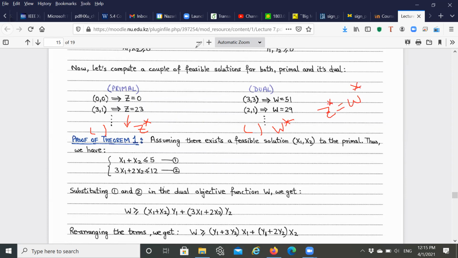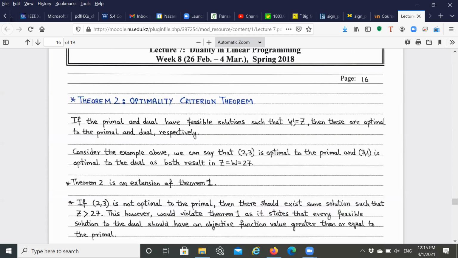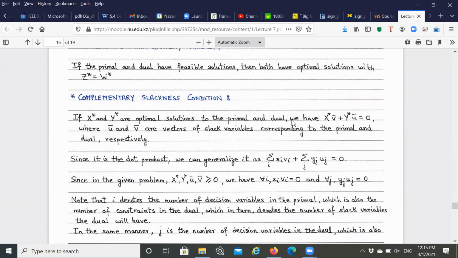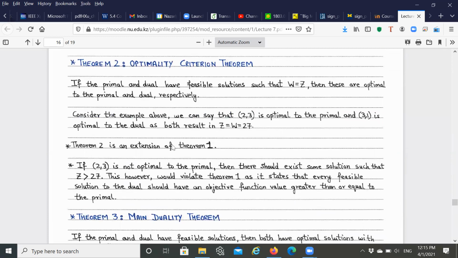In that case, this pair would always be the optimal solution to the dual, and the corresponding pair would be the optimal solution to the primal. So these have the same optimal solutions. As I said, it's just an extension of the previous theorem.